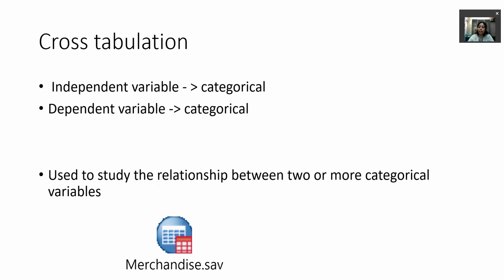For us to understand how we can run cross tabulation in SPSS software and how we also interpret the cross tabulation results, we will use the merchandise SAV file in SPSS to run the cross tabulation analysis.